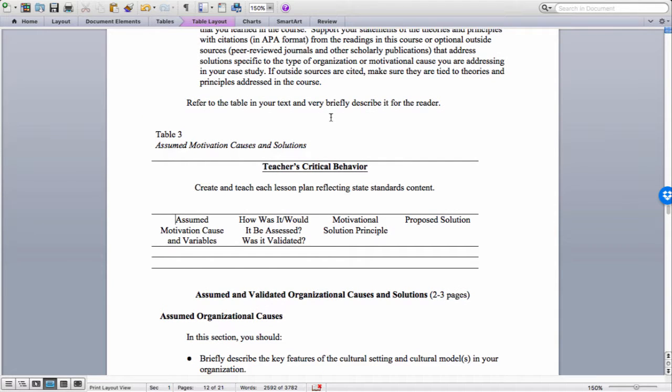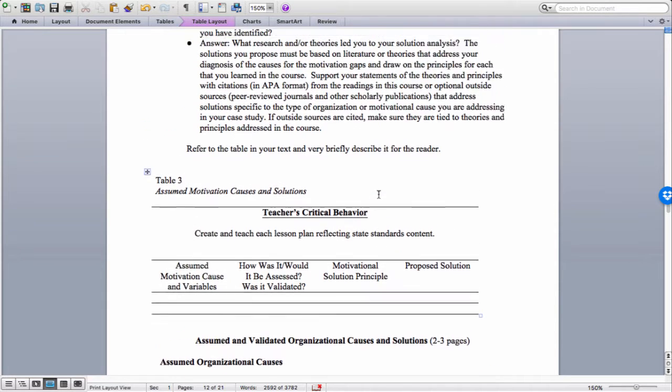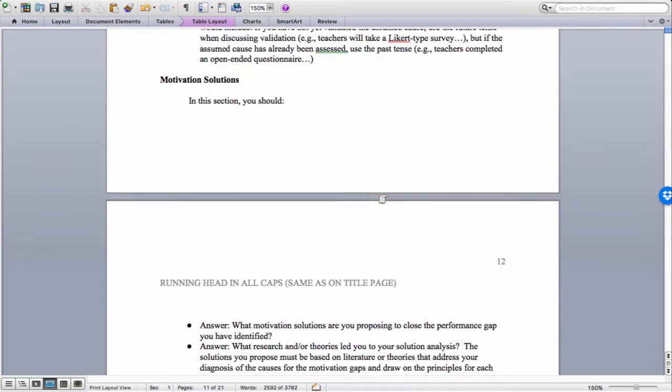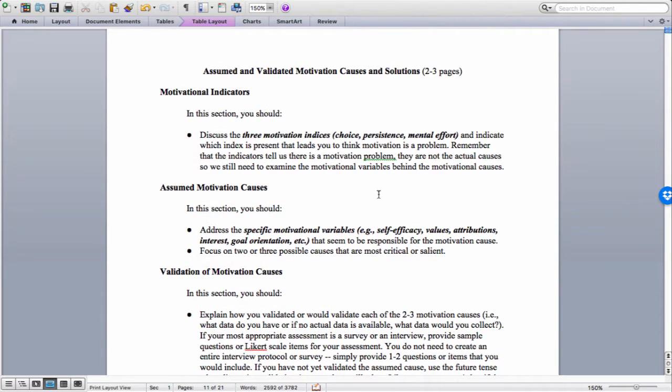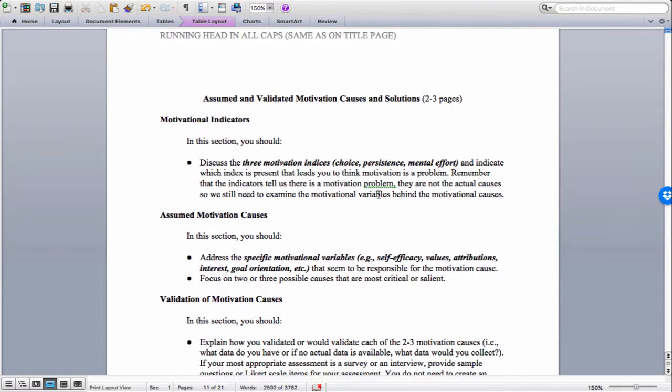Now that we have the critical behavior in our motivation table, before we go on, let's go back up to the beginning of the motivation section and consider what is the motivation indicator. You will remember that the motivation indicators fall into three categories. One of choice. Are they choosing to pursue the critical behavior? Are they persisting and or giving up?